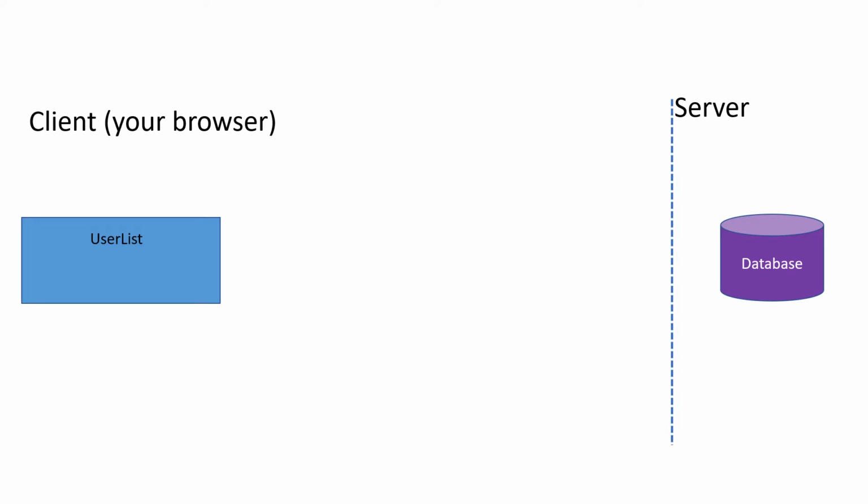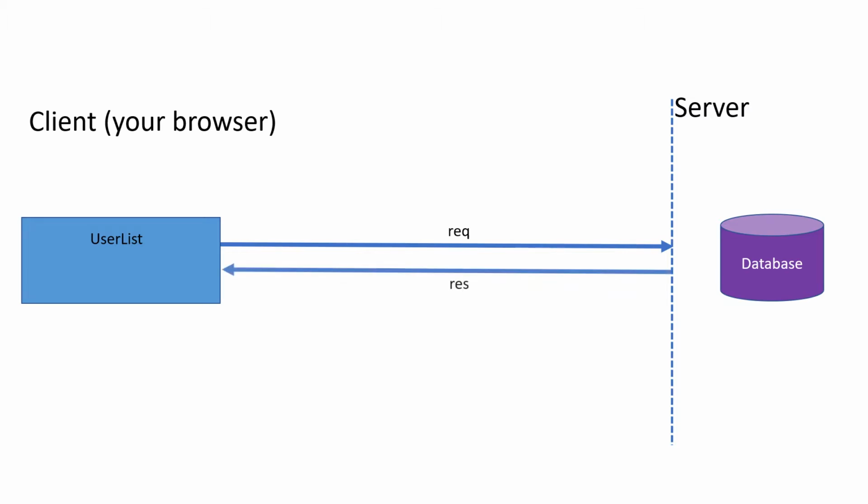This component will make a request to the server, the server will do the processing, and in return it will give a response, and the user will be able to see all the names. It looks simple, but it's not the right way to do this.